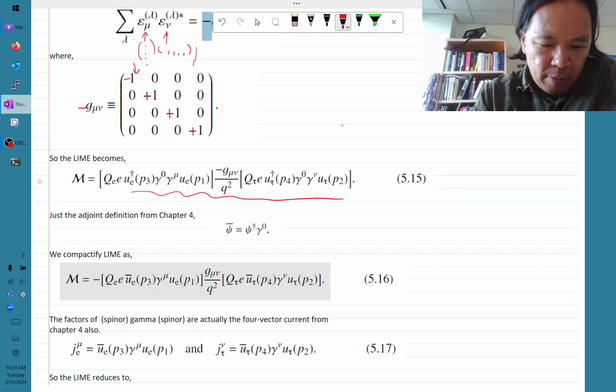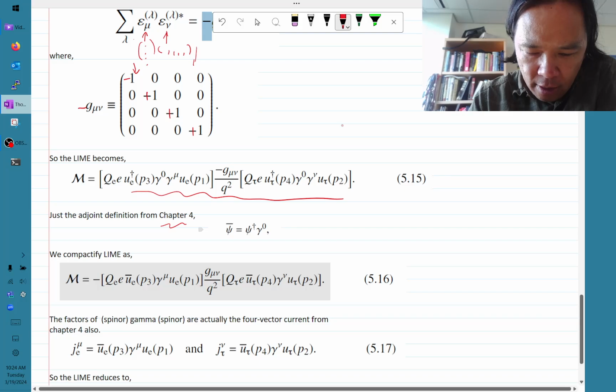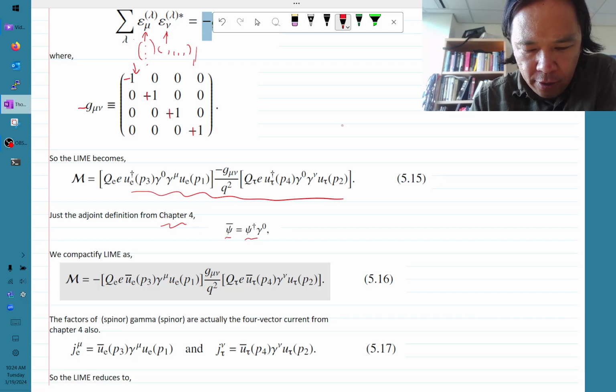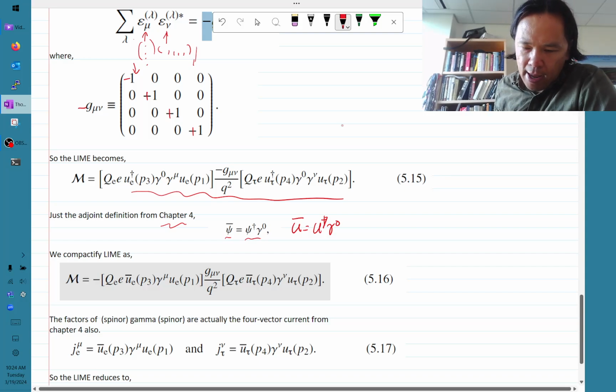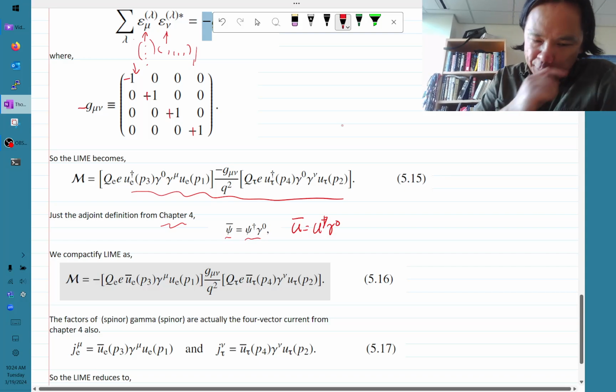Remember from chapter 4, we defined this thing called the adjoint of a spinor. So whatever U dagger gamma 0, you can replace that with U bar, the adjoint spinor.